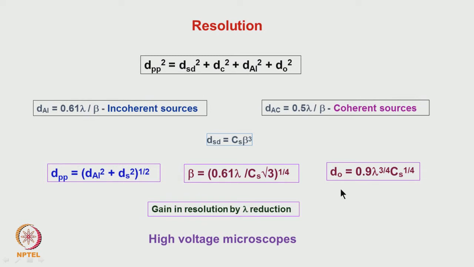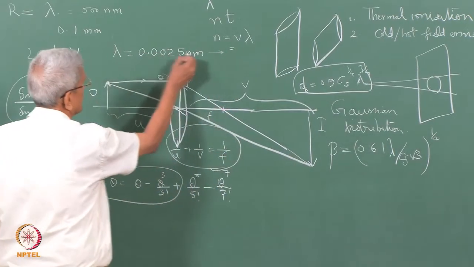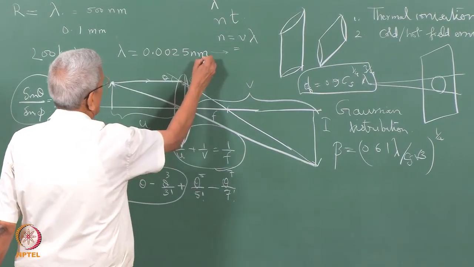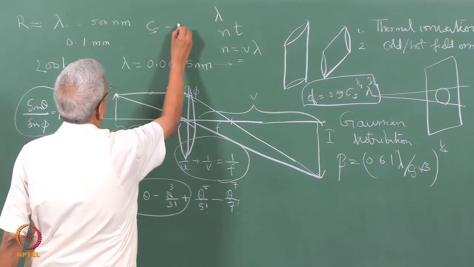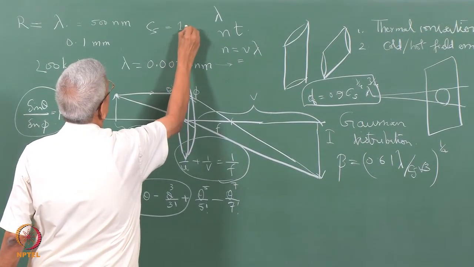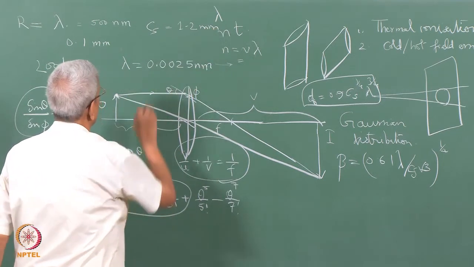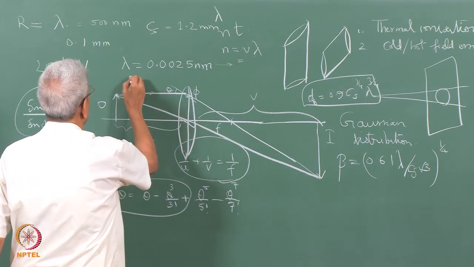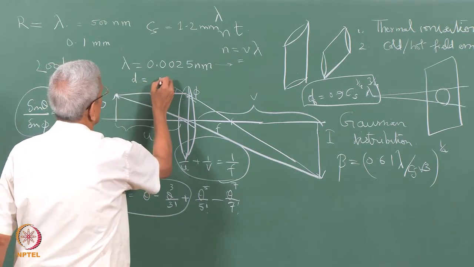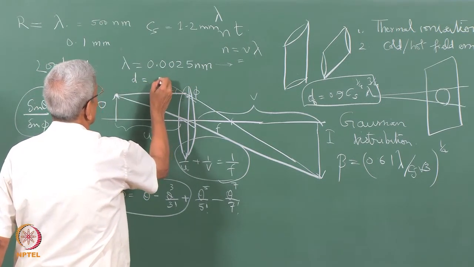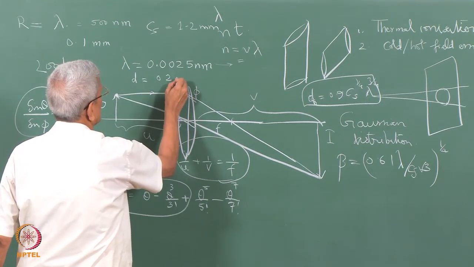One can substitute values and calculate, but what normally happens is that here we consider the wavelength of this order with a Cs for normal lenses of the order of about 1 to 2 millimeter. With that spherical aberration coefficient, the value of D turns out to be close to 0.2 nanometer.